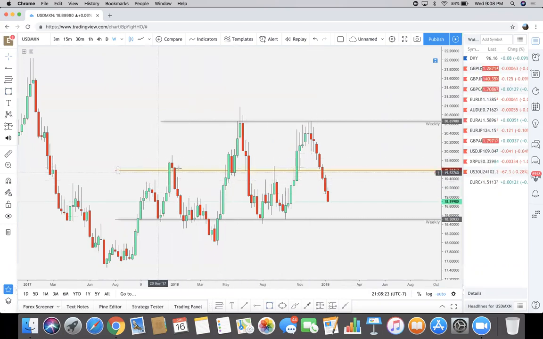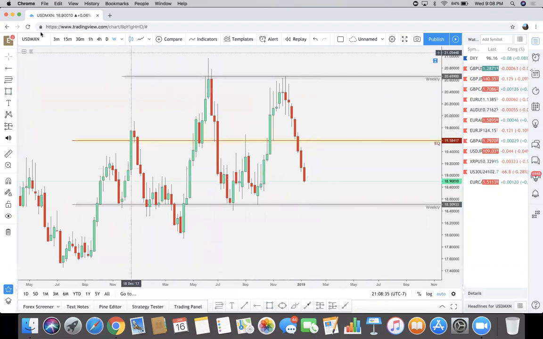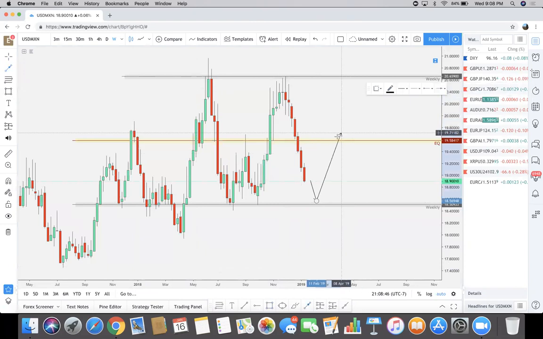Price is reacting back towards this equilibrium level. We have this resistance right here. It broke resistance, created support, hit this resistance up here and completely came all the way back down. It seems like that's what we're doing with the US dollar Mexican peso. So I see this coming back down to this support, and then I have bias to believe that it's going to come either up to this equilibrium or even back up towards this weekly.